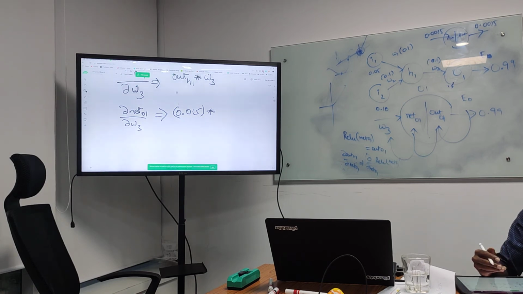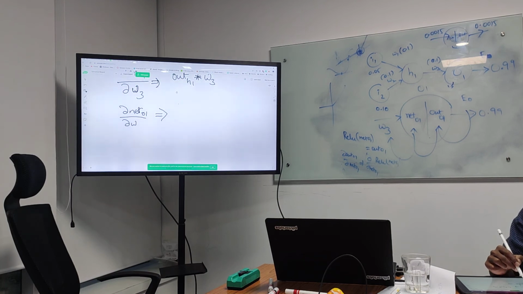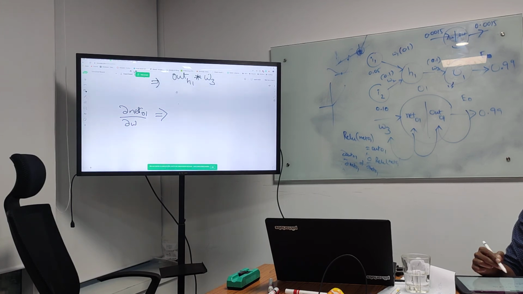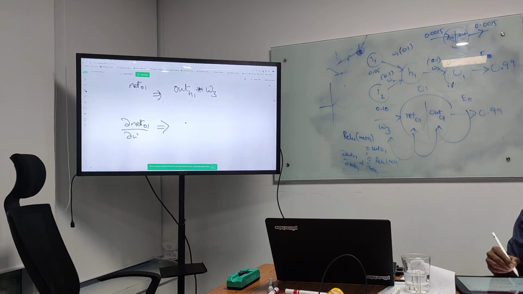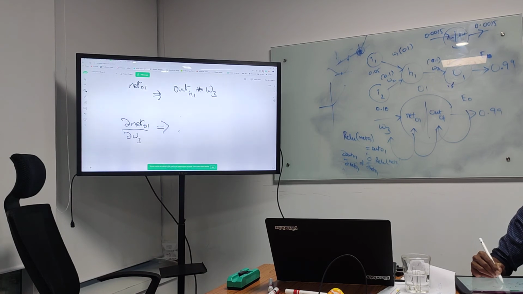Oh sorry, I did not differentiate, right? Okay, so this is not dou net O1 by dou W3. Sorry, this was just net O1. Net O1 was equal to out H1 into W3. So dou net O1 by dou W3 is equal to dou by dou W3 of out H1 into W3.